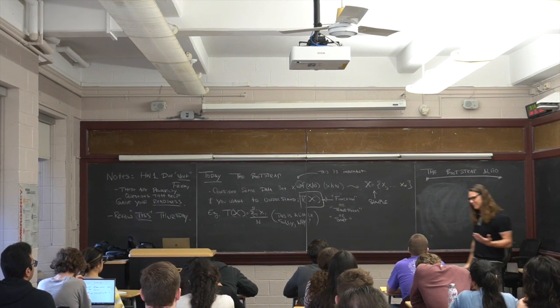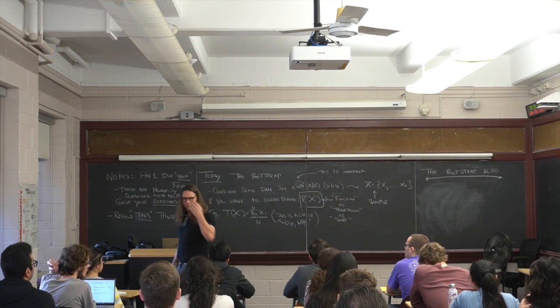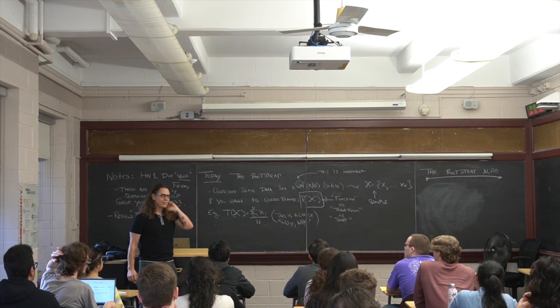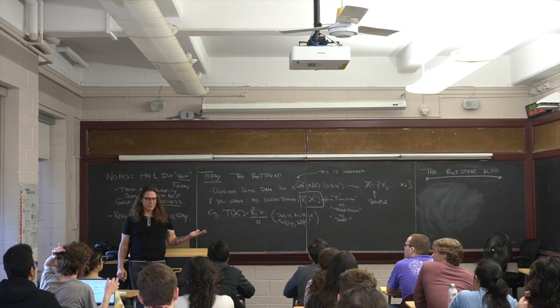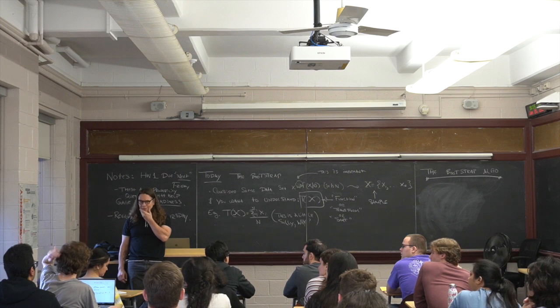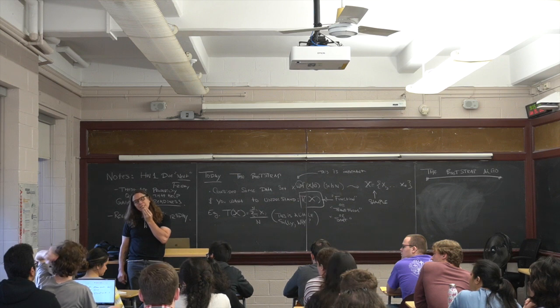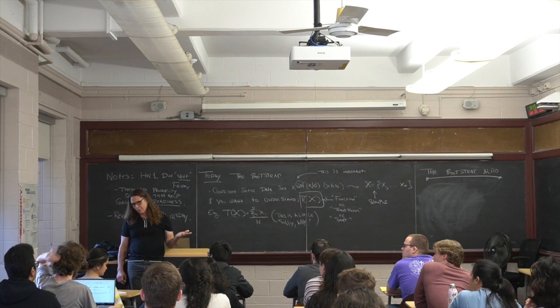Just real quickly, does anybody know what the formal definition of a random variable is? Kind of fun. I used to start with this, but I don't know if it's overly important. It's a function from your probability space to the real numbers. Could be the real numbers, right?